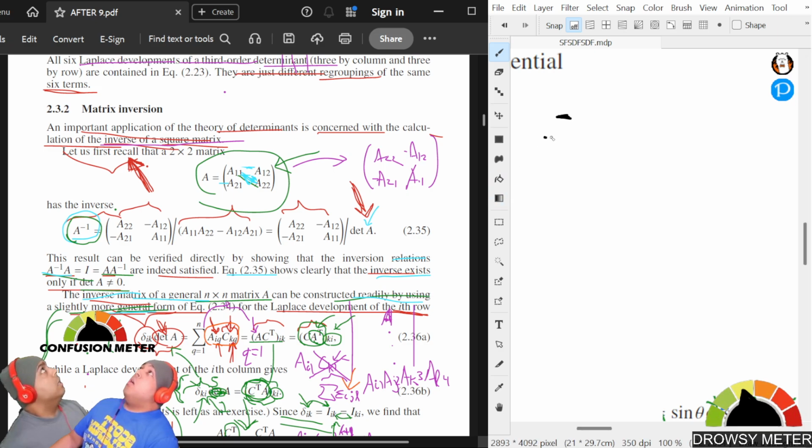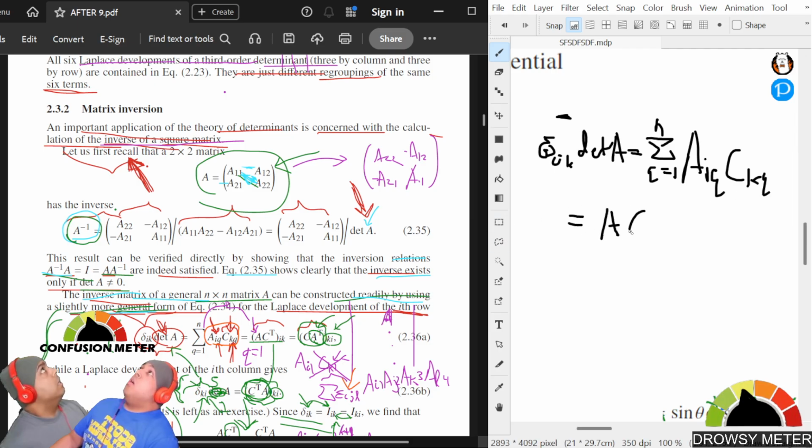More general form: delta ik times the determinant of A equals the sum from q equals 1 to n of A iq C kq, which equals A C transpose ik, equals C transpose A ki.